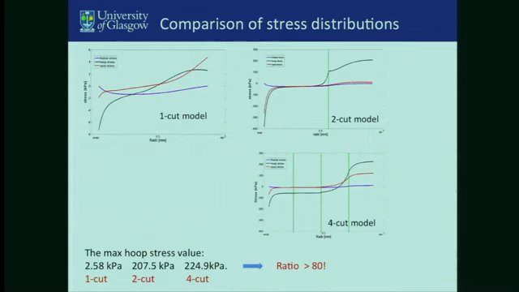The maximum hoop stress is 200 something, and the 4 cut is slightly higher, but not much higher, and it's smoother, but qualitatively similar. But the issue is that multiple cuts give you a ratio bigger than 100, roughly 100, and that is a significant underestimation of the residual stress.